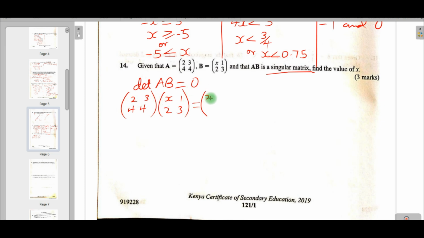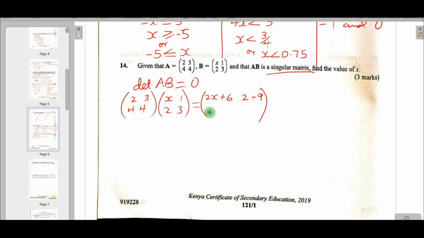So you have 2 times x, that is 2x, plus 3 times 2, so plus 6. To get the element in the first row, second column, we multiply first row and second column. So 2 times 1 is 2 plus 3 times 3, so plus 9.